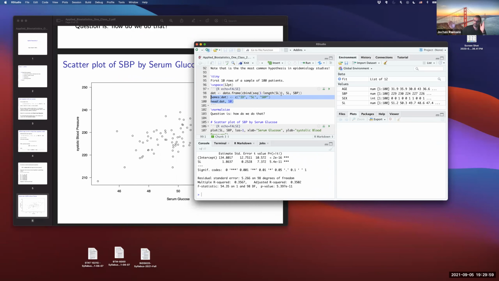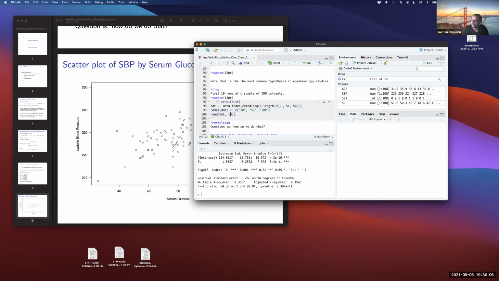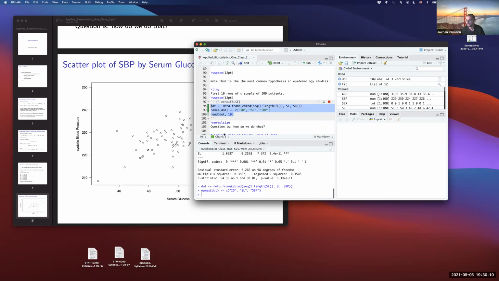Then we have SL, which is our simulated parameter, and SPP. And we are basically now building this data set, and this is essentially what we're seeing here, right? So this is essentially the data that Professor Sang has shown us. Note that these are different values, but are not different.